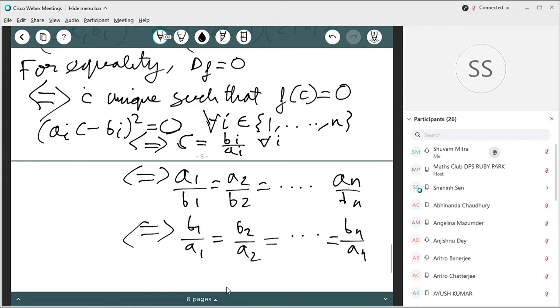And that's not good for us. And many more problems occur using this method. And you realize why I wanted the ai or bi to be non-zero. That makes the case pretty much simple for us. So I'd recommend you try to generalize this inequality and find the equality case when some of them are permitted to be 0.